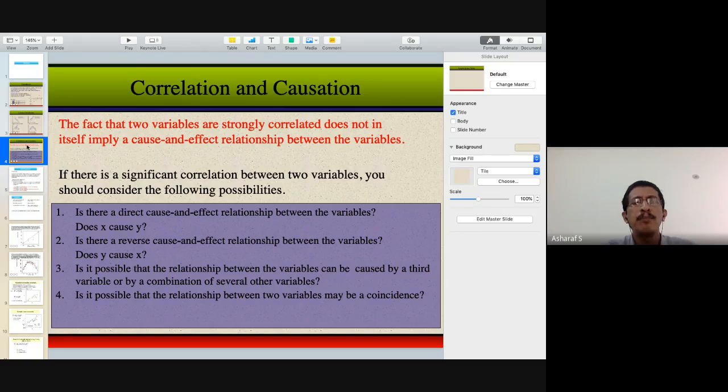For example, if x is the age of your car and y is the amount that you spend on its maintenance, you can say that as the age goes up, the age of the car can cause the cost of maintenance to shoot up.